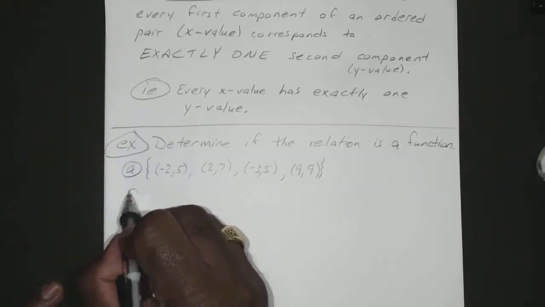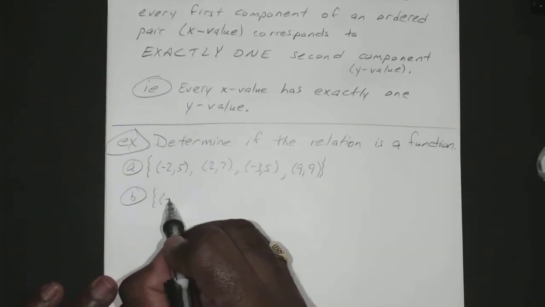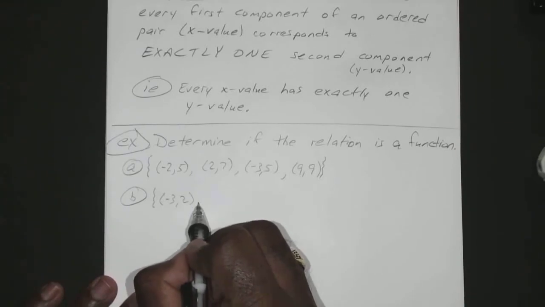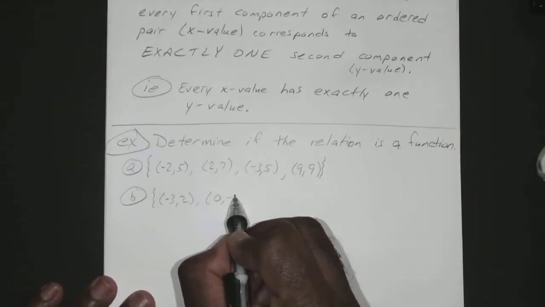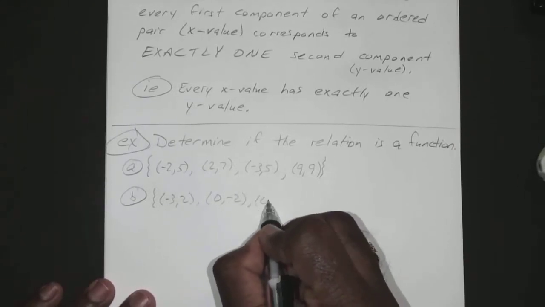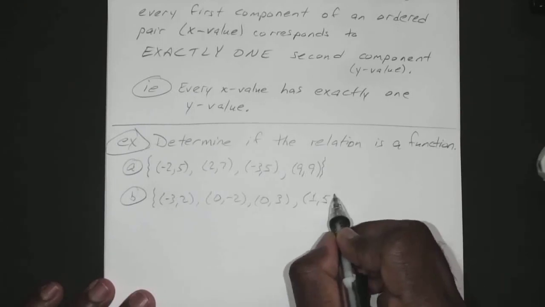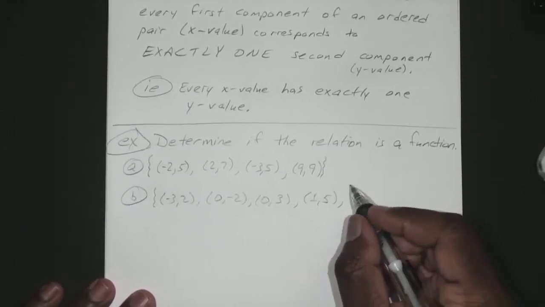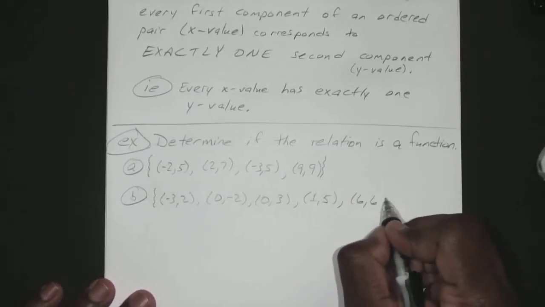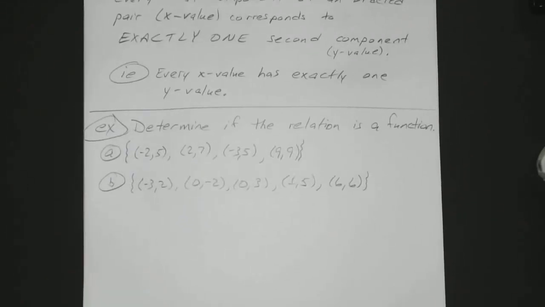And for B, what if we have (-3, 2), (0, -2), (0, 3), (1, 5), and (6, 6). Okay, so that's just our group of points on a graph.